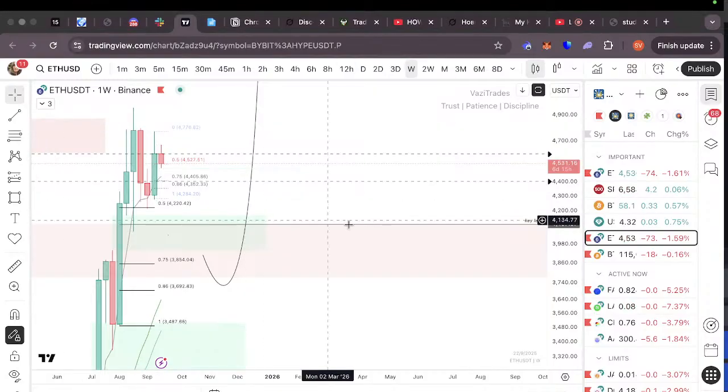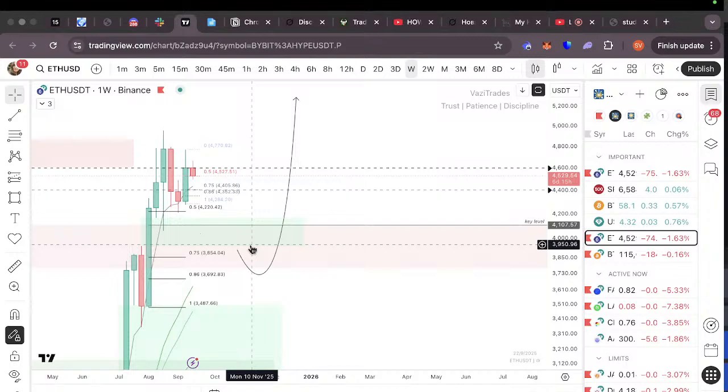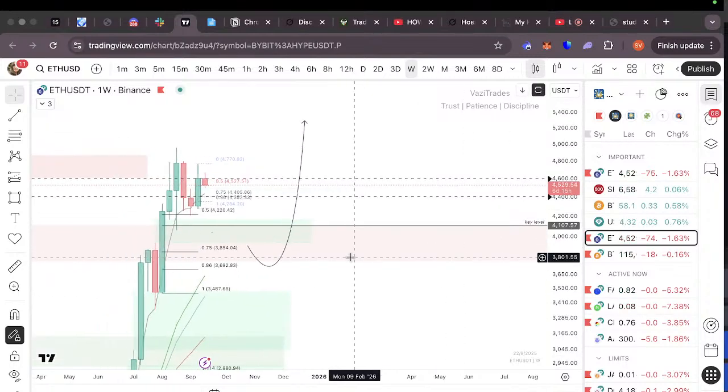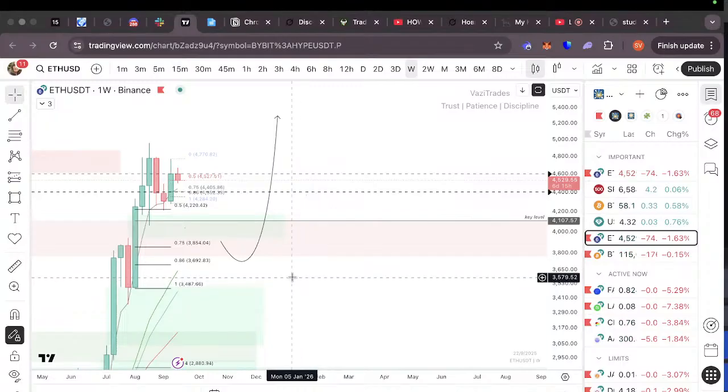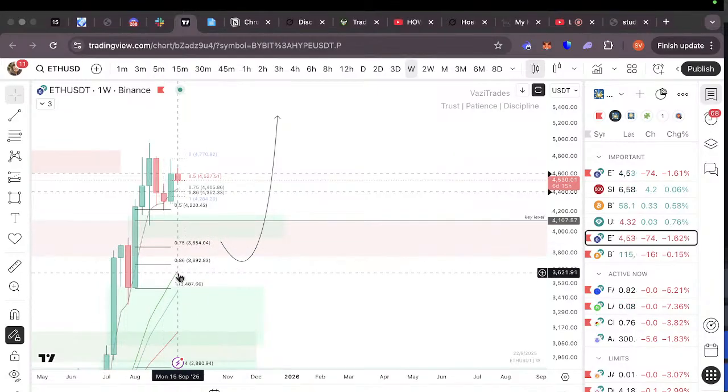So technically this also can stand as a key level, because I think I saw something on a lower time frame. I will check it. But if there is a proper correction, of course I'm more interested in these levels according to these Fibs. Also EMAs come to this area, 3,854, 3,692.